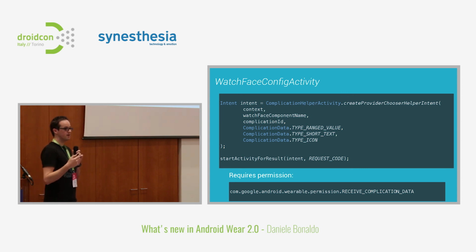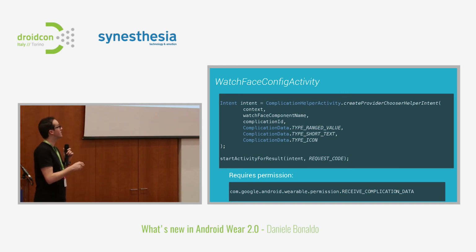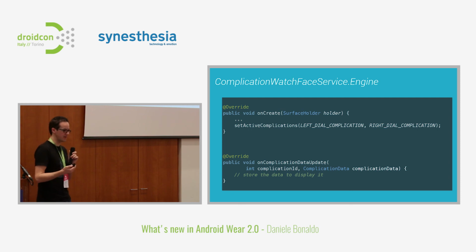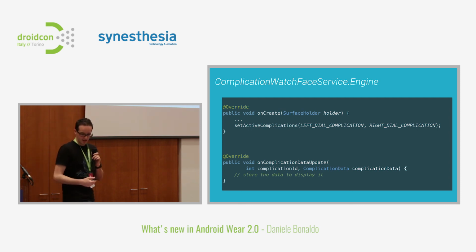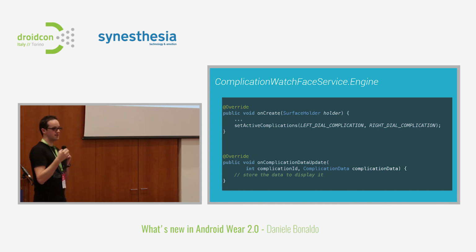In your watch face, in the onCreate of your engine, you need to specify that complications are active, specifying the different IDs of the placeholders. And then when you have a callback on the complication data update, you will receive again the complication data that we saw before, created by the provider, and the complication ID, which is, again, the placeholder that we will use in order to display this data.